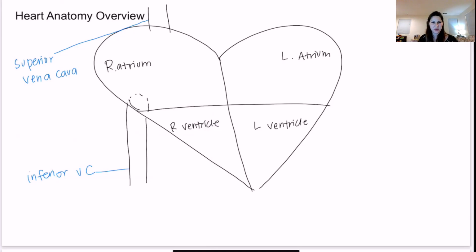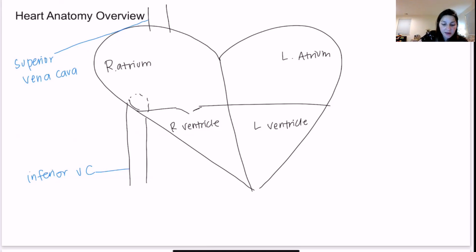So that wouldn't be so good. So instead of just a wall here, instead of just a chamber, we have a little hole, but that hole is special because it has 2 little doors, and those doors are called valves. So those doors open and close like this.